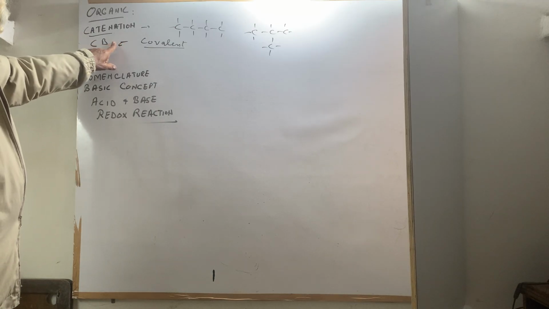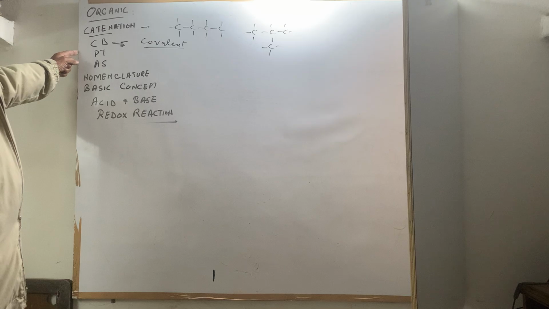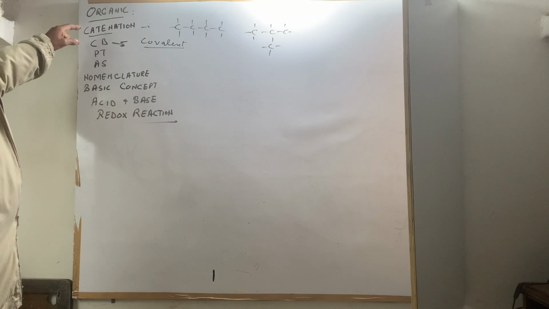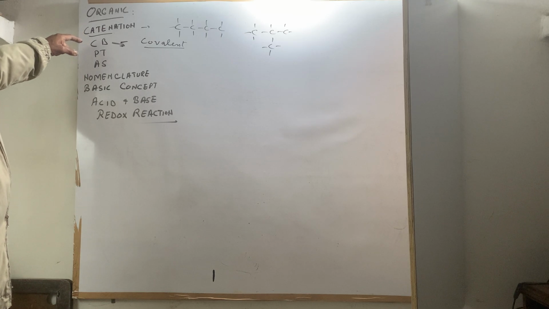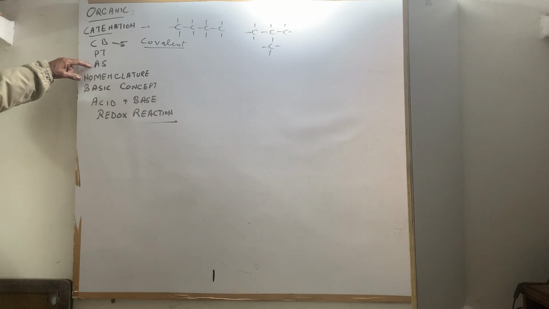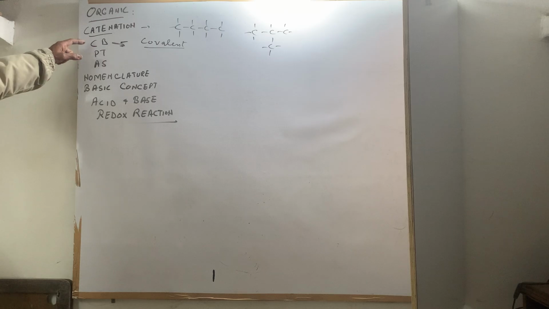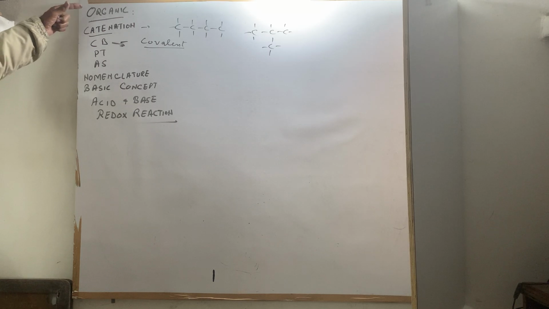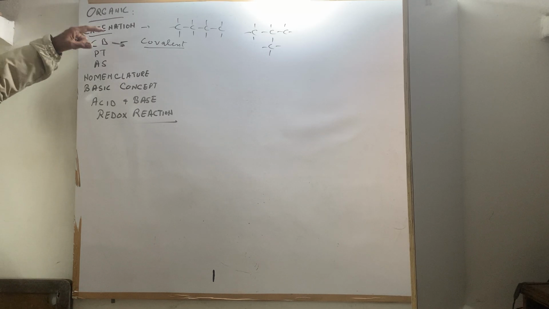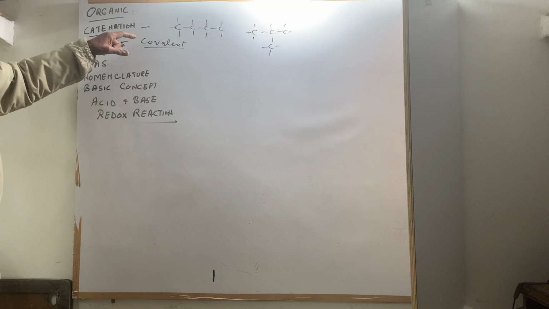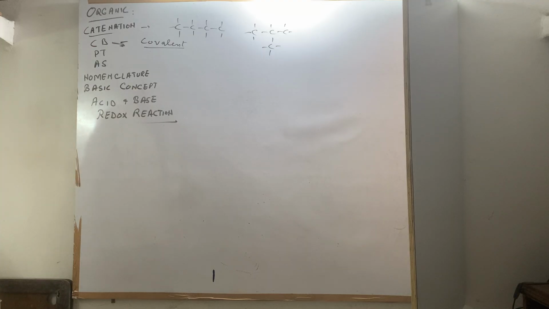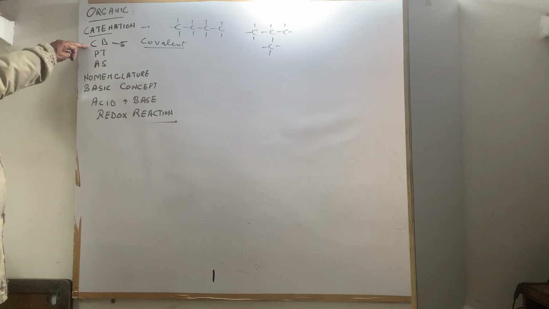In order to understand organic, first of all one should know what is meant by chemical bonding. In order to understand chemical bonding, one should know atomic structure and the periodic table, which is to be applied in organic. For example, chemical bonds are the covalent bond, ionic bond, metallic bond, coordinate bond, hydrogen bond, etc. All this comes under the heading of chemical bonding.